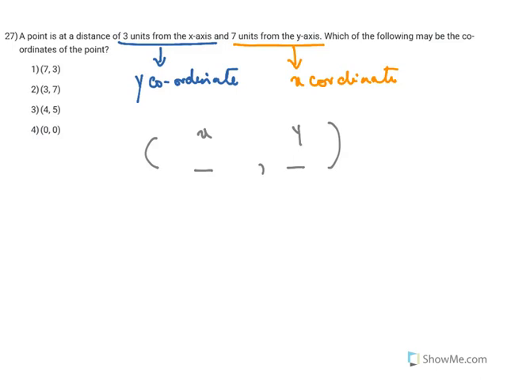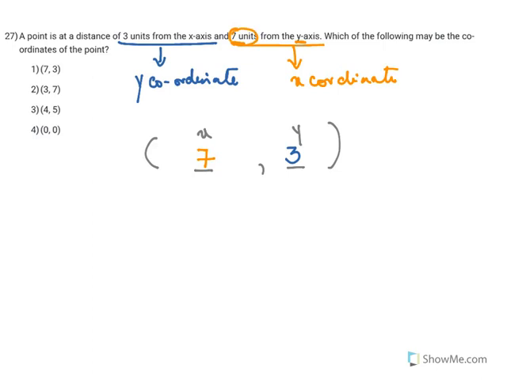Now the distance from the x-axis is 3, which must be the y coordinate here, 3. And the distance from the y-axis is 7, so distance from the y-axis is the x coordinate, so this is 7. So the point is 7, 3.